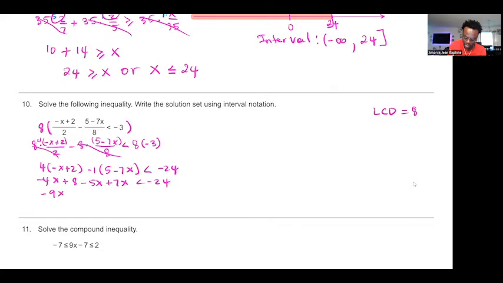That's negative 9x, negative 2x, because negative 9x plus 7x is negative 2x. And then if we subtract 8 on both sides, less than negative 32. And then now what else do we do?